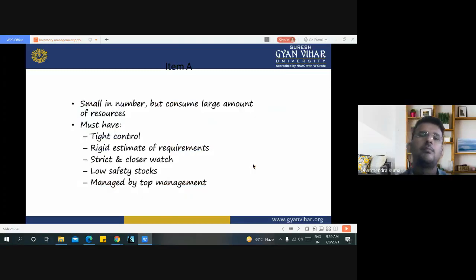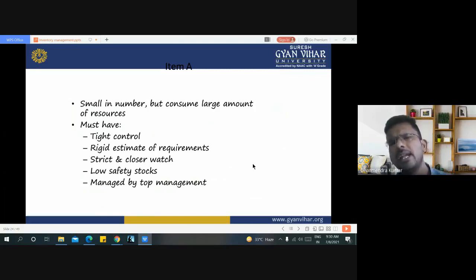Here are some descriptions of item A: small in number but consuming a large amount of resources. It must have tight control, a rigid estimate of requirements, strict and closer watch, low safety stock, and be managed by top management.